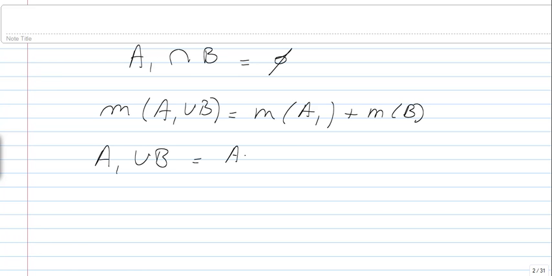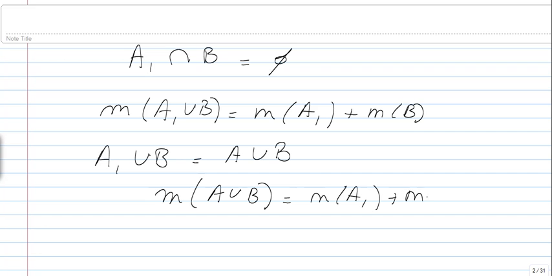That is exactly A union B, which implies that the measure of A union B is equal to the measure of A1 plus the measure of B.